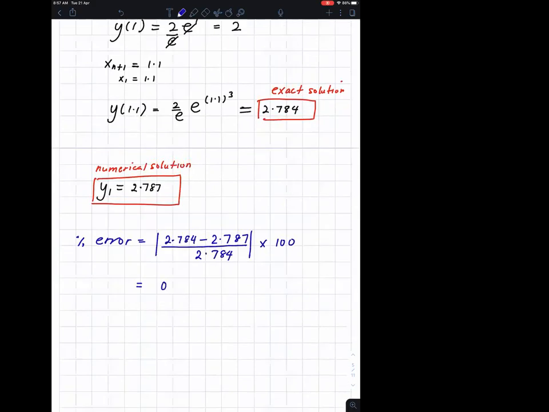I'm getting like 0.107. That's a big percentage?